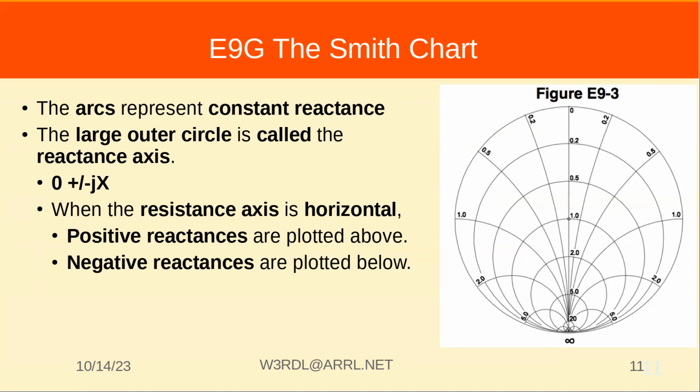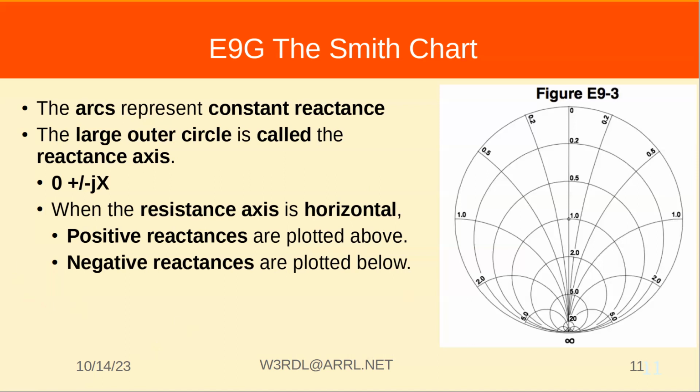So your normal y-axis, instead of being vertical versus horizontal, is a circle. So that makes it somewhat confusing, but you really don't need to worry about the arcs and the circles.